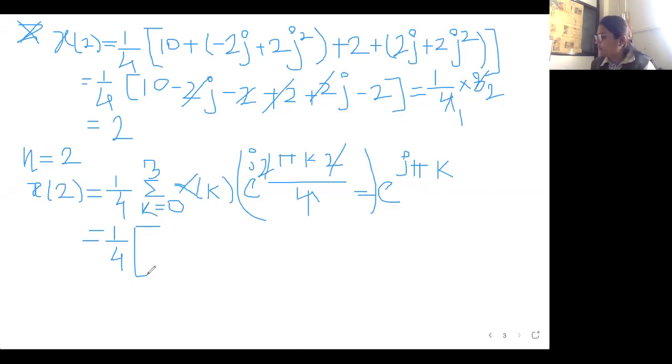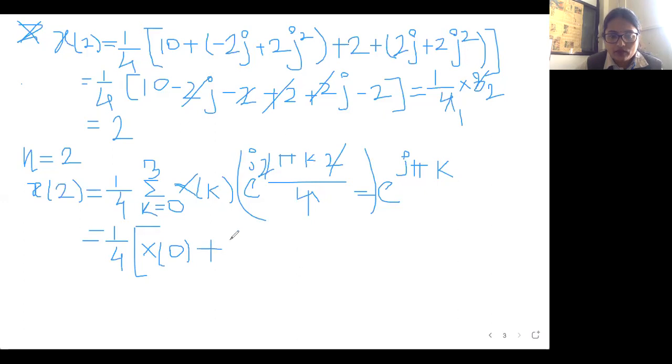Have you calculated? Calculate it. Okay, so we'll substitute the value of x of k. Has anybody calculated the value? What is the outcome? This is x of 0 multiplied by e raised to 0, so I will not write it here.